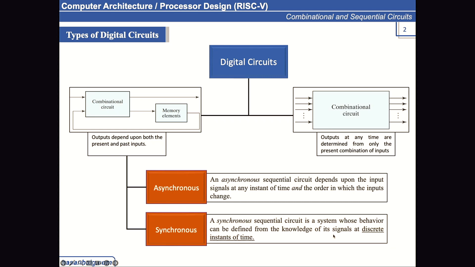Similarly, in synchronous circuits, the output is a function of the input signal at a discrete instant of time. In other words, you may consider synchronous circuits as clocked circuits, where we count the time, any given instant of time, in deciding what the output of the circuit would be.